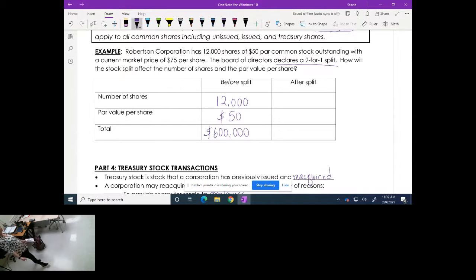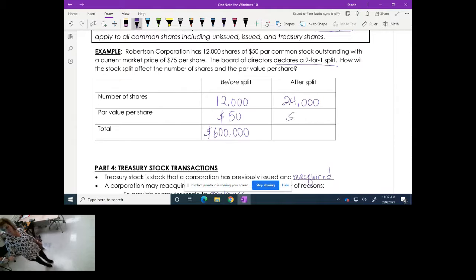Okay, so after the split, if you now have 2 where you used to have 1, how many do you have now? 24,000. You got twice as many. So now we have 24,000 shares. Our stockholder equity is not going to change. We've just got more shares. So what would our par be now? Not 50 anymore. If you multiply 24,000 by 50, you're going to have 1,200,000.